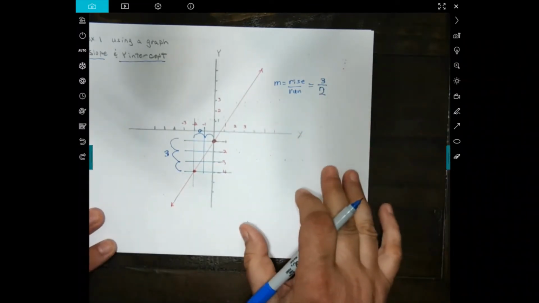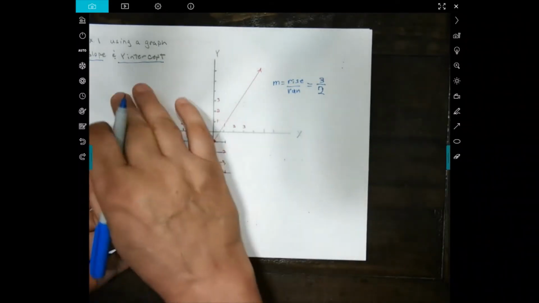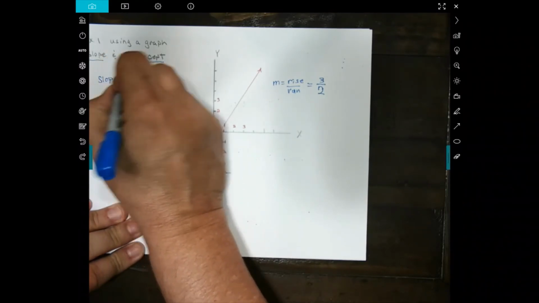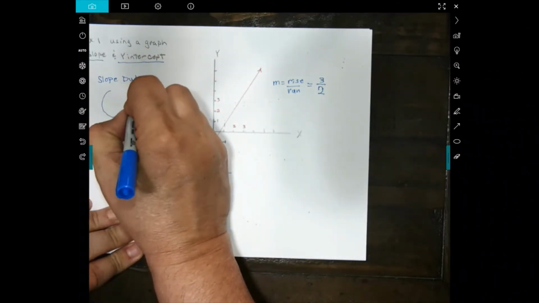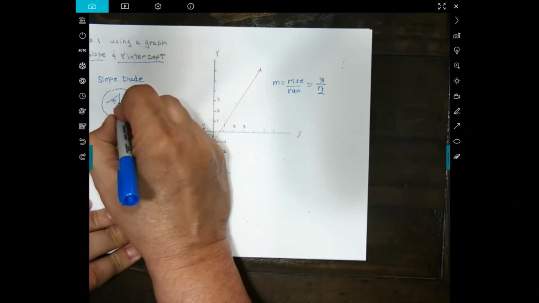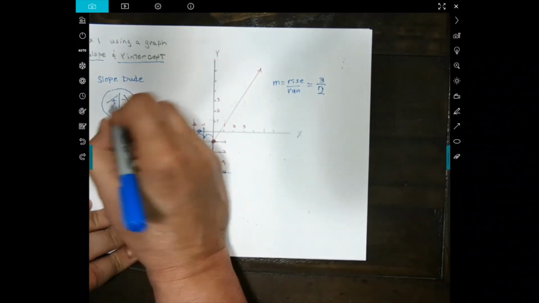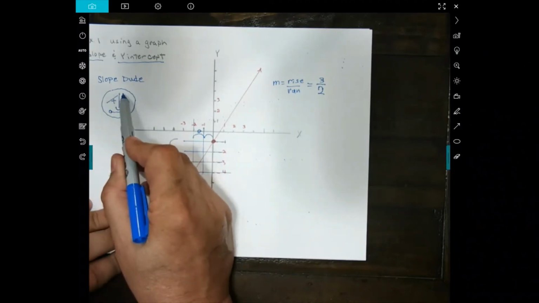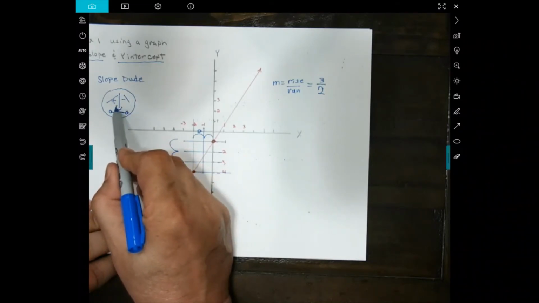Now, something I always want you to remember, and I teach my students this all the time, is the slope dude. D-U-D-E, dude. He's a face, and your slope is either positive, negative, undefined, or horizontal is 0. It makes a face. See, positive is increasing from left to right, negative is decreasing to the right, horizontal is 0, U for undefined.